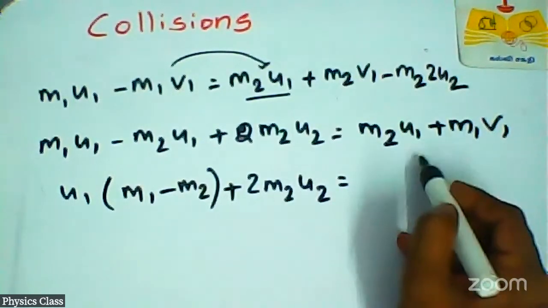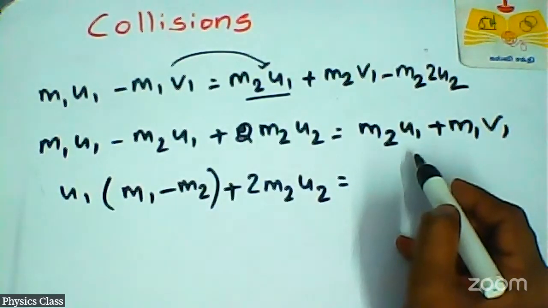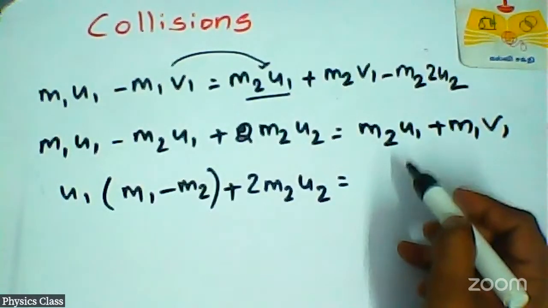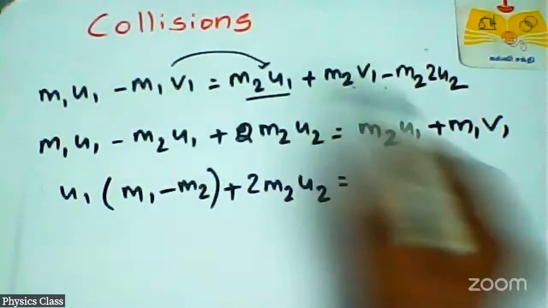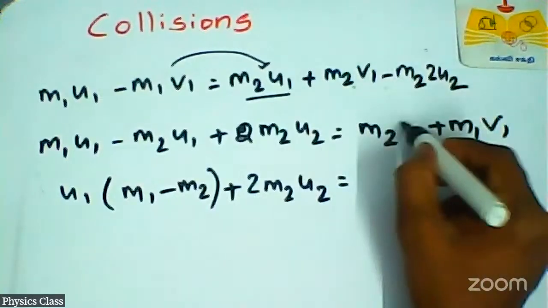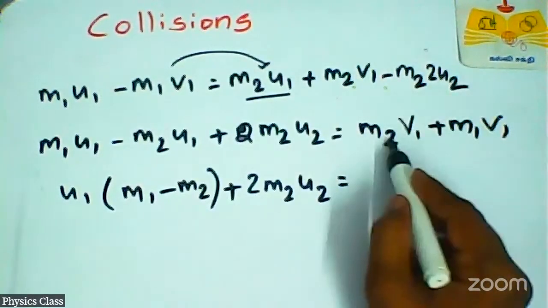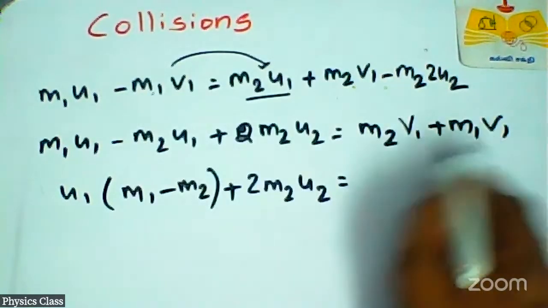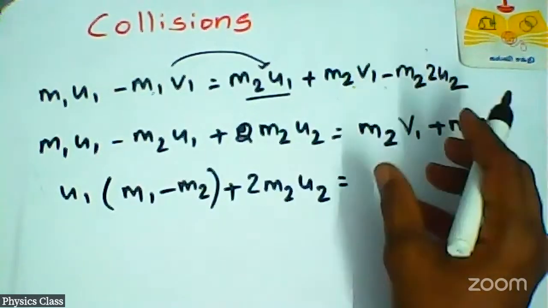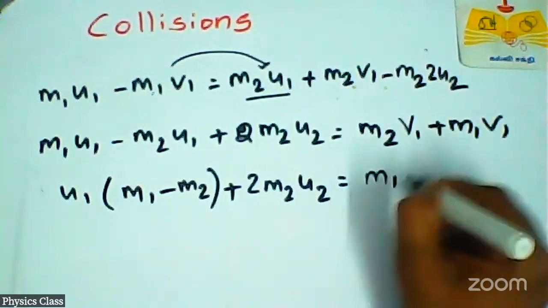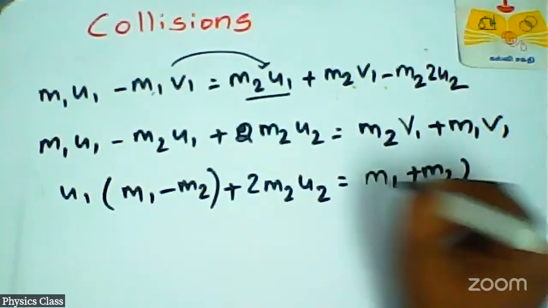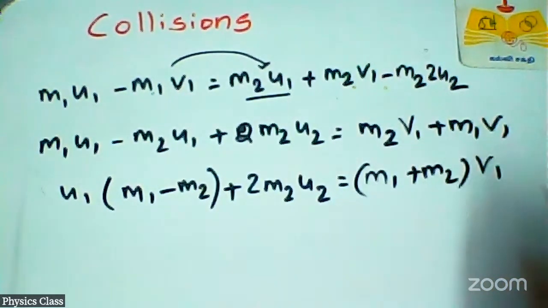Here also we can take common: m2 v1 and m1 v1. So we can take v1 as common, so m1 plus m2 into v1.